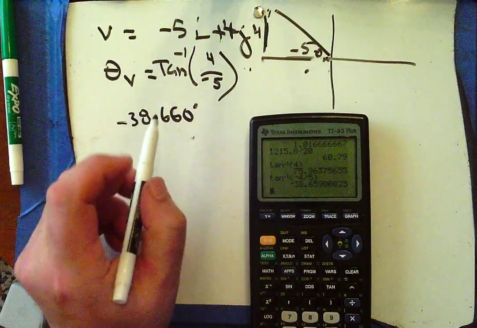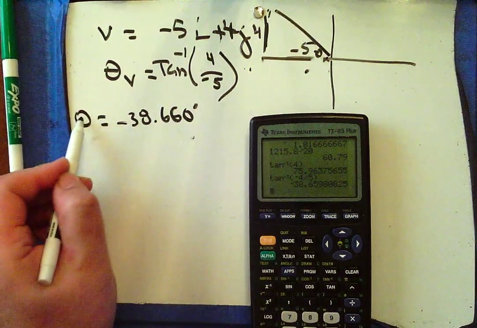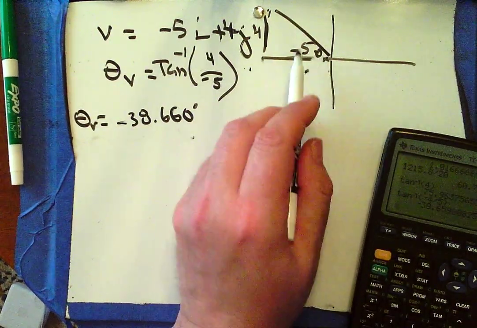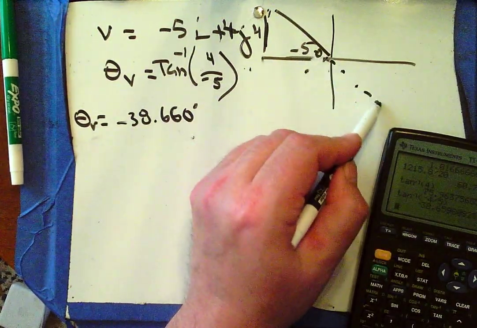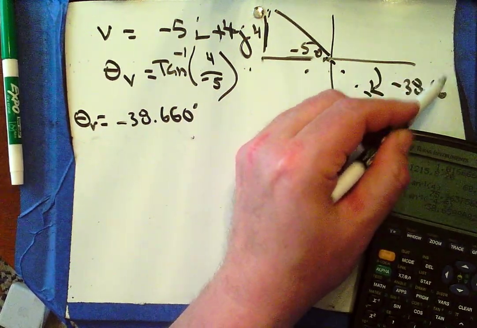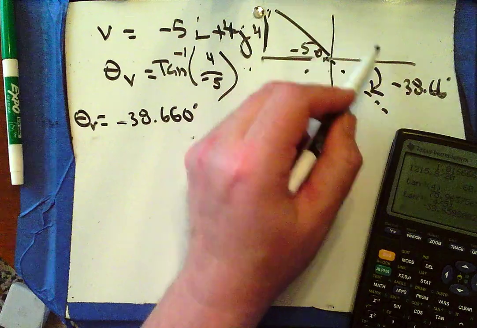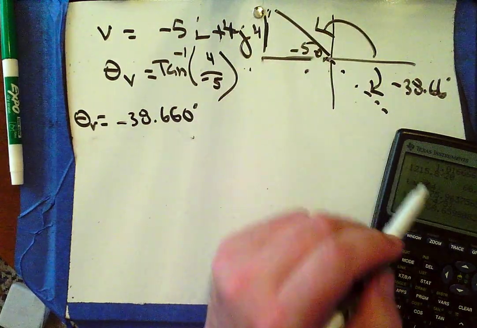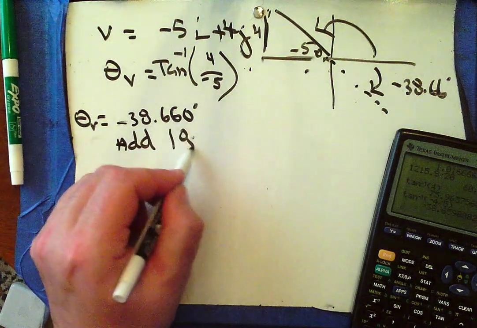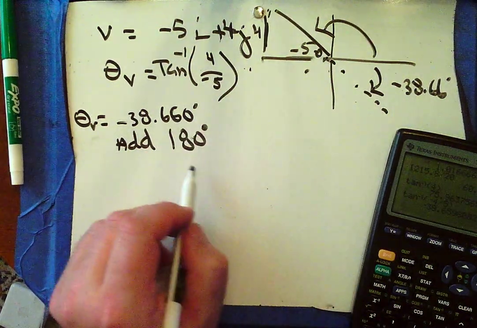Now wait a minute. I got a problem here. This angle isn't negative 38 degrees. This angle is negative 38.66 degrees. My angle is this angle. So when you get a negative angle, add 180 degrees.